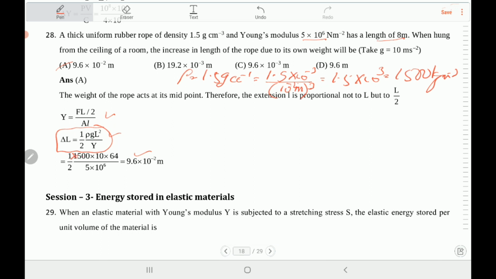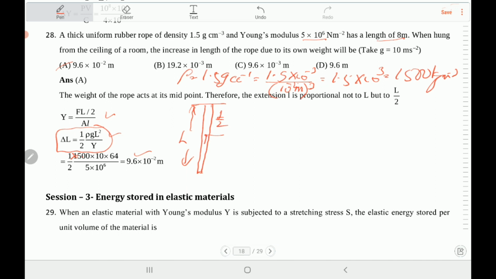Now once again, how does this formula come? See, there is a rope hanging down from a rigid support. The length of the rope is L. Since the center of mass of the rope is uniform, it is exactly at the center, that is L by 2.